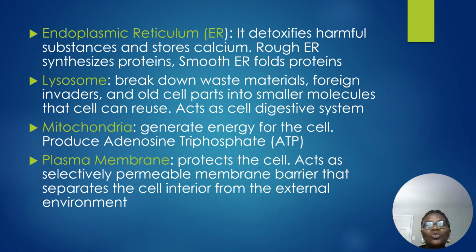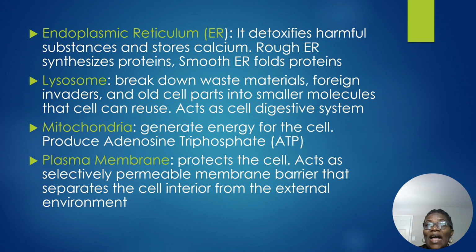Now, the next organelle or part of a cell that I have here is the plasma membrane. The plasma membrane protects the cell. It's the membrane that is found outside the cell. It surrounds the cell, so it acts as a selective permeable membrane.